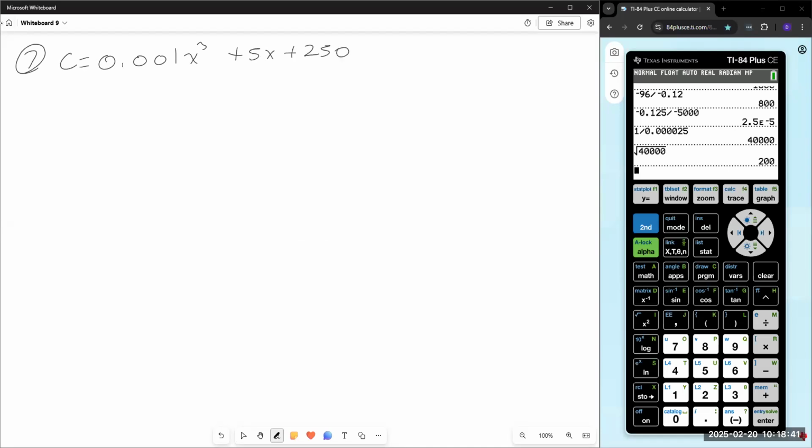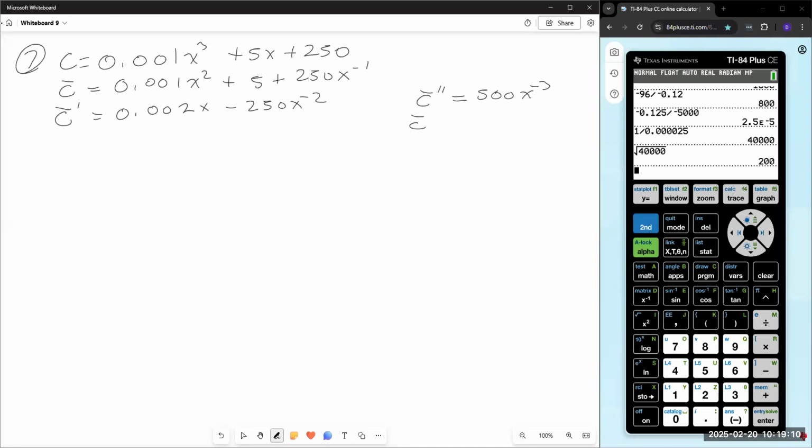So that makes C bar equal to 0.001x squared plus 5 plus 250x to the negative first. C bar prime is equal to 0.002x minus 250x to the negative second. C bar double prime is going to be equal to 500x to the negative third, or 500 over x to the third.